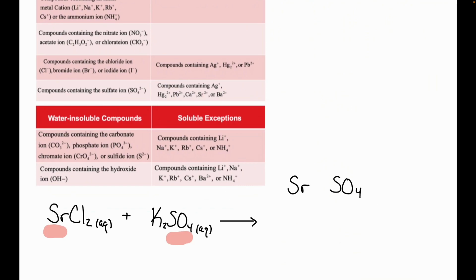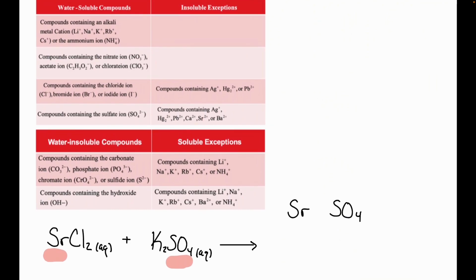In order to put these formulas together, I need to know the charges of these two ions. So what is the charge of the strontium ion? Yeah, based on my periodic table in that second column there, it's +2. And the sulfate ion is one we just got to know. What's the charge of the sulfate ion? -2.